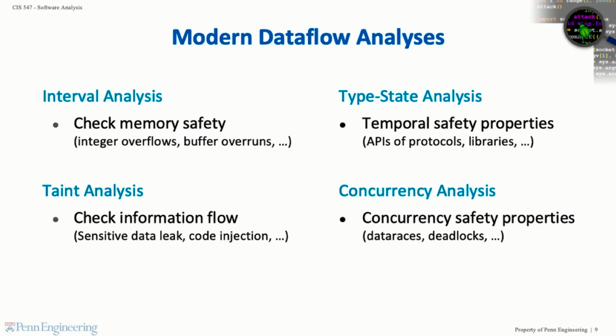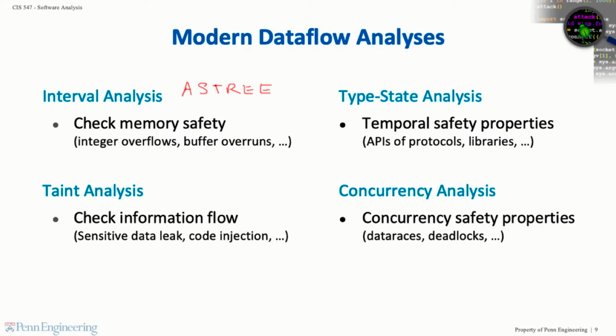It involves reasoning about the ranges of integer variables and can therefore check for integer overflows, buffer overruns, and other errors involving integer-related data. A popular tool that employs interval analysis is the ASTRÉE static analyzer for C programs. It is routinely used by Airbus, BMW, and other companies that develop or use embedded software. We will delve into interval analysis towards the end of this module.